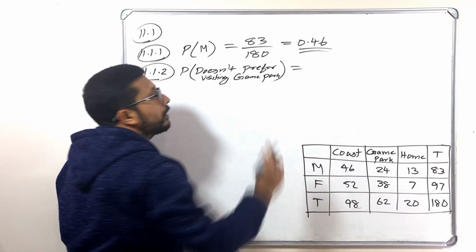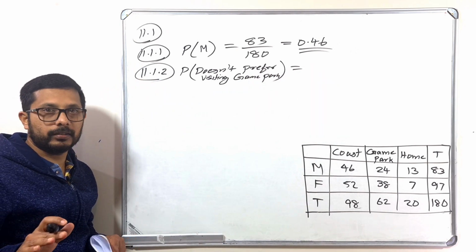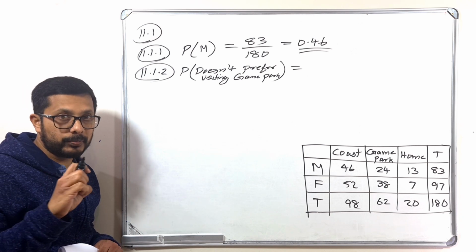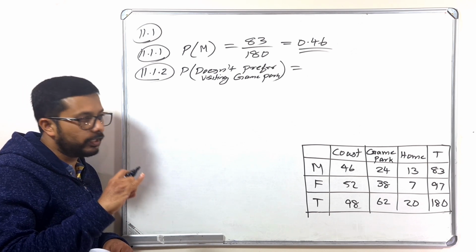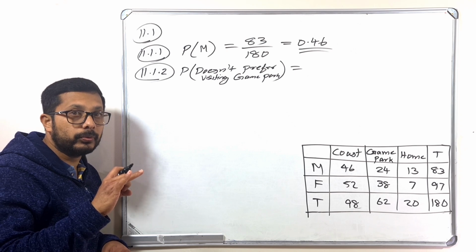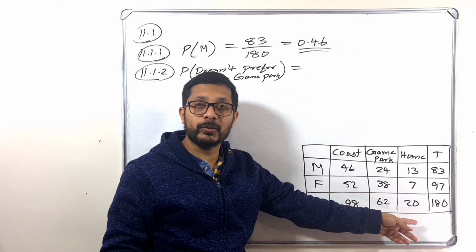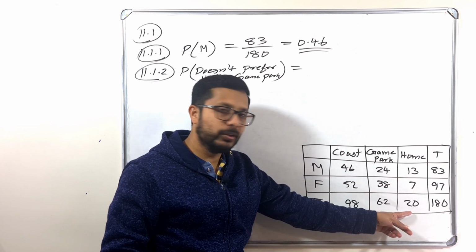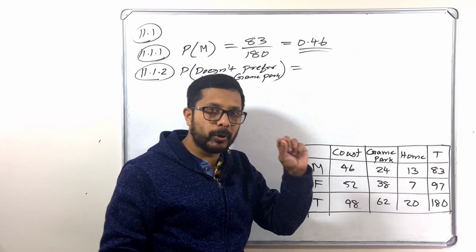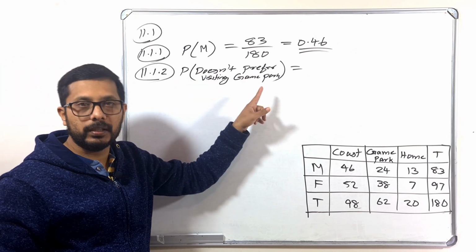He doesn't want to go to the game park. So there is no problem for him to go to a coastal area, and there is no problem for those people to stay at home. The only condition is that they don't prefer visiting the game park.